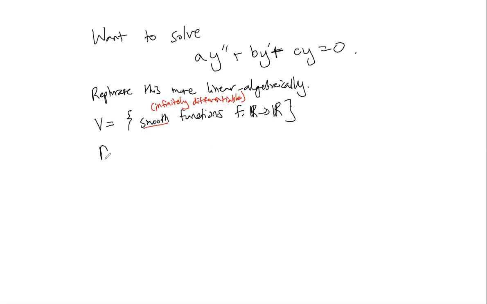Okay, and our differential operator, our linear transformation, is going to be just the derivative function. Maybe we should define little d: d is going to take a function and output the derivative of that function.